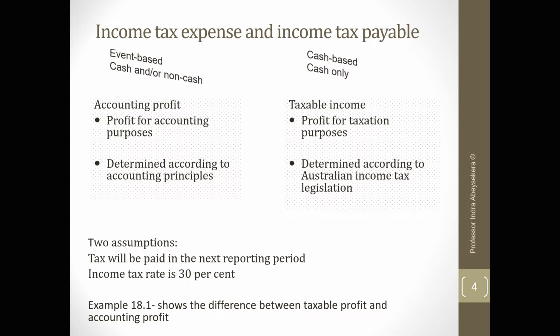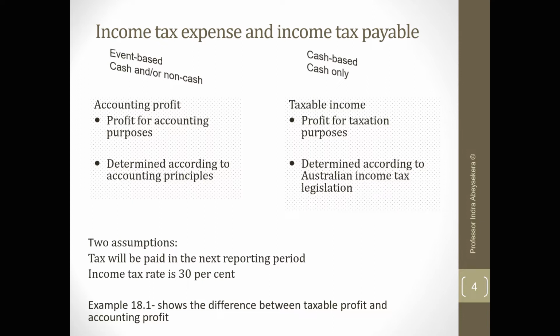So any cash transactions during the reporting period are considered for calculating the taxable income. So the taxable income is the equivalent of the accounting profit. The profit is calculated using revenue minus expenses. For taxation purposes, the revenue is called assessable income, and the expenses are called deductible costs.